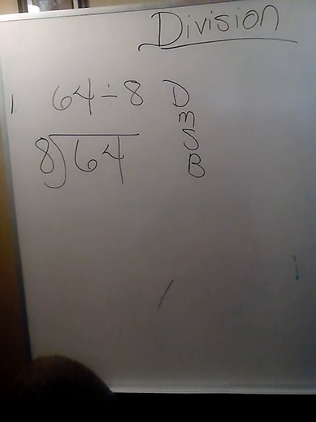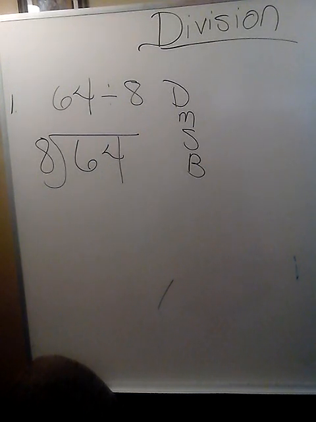Okay, so let's start with D. D stands for divide. How many times does 8 go into 64? To get this, we say our 8s until we say 64. If we don't say 64, we want to get close to 64 without going over. And how many fingers we have up, that's our answer.